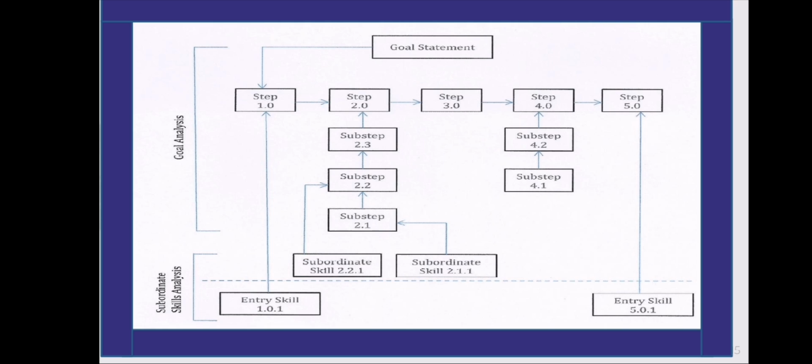Substeps for each step are numbered from bottom to top. For example, the substeps for step 1 would be numbered 1.1, 1.2, 1.3, and etc. Subordinate skills and entry skills are numbered in the order they are needed by adding a decimal place to the step or substep it supports.